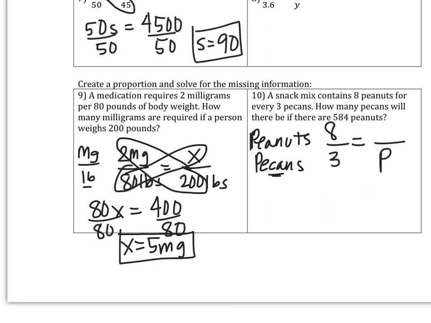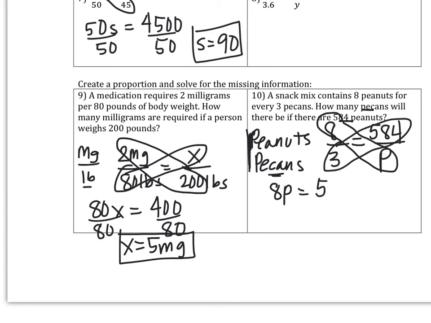If I have 584 peanuts. Again, the reason I write these on the side is so I know which one goes on the top and which goes on the bottom, and it makes it easier to fill in the missing numbers. Again, I'm going to cross multiply, and I get 8p equals 584 times 3.